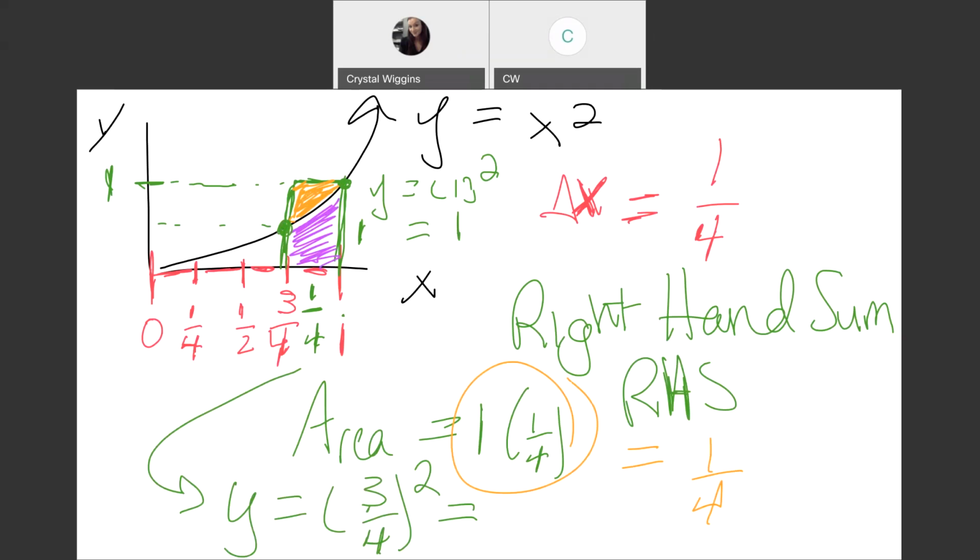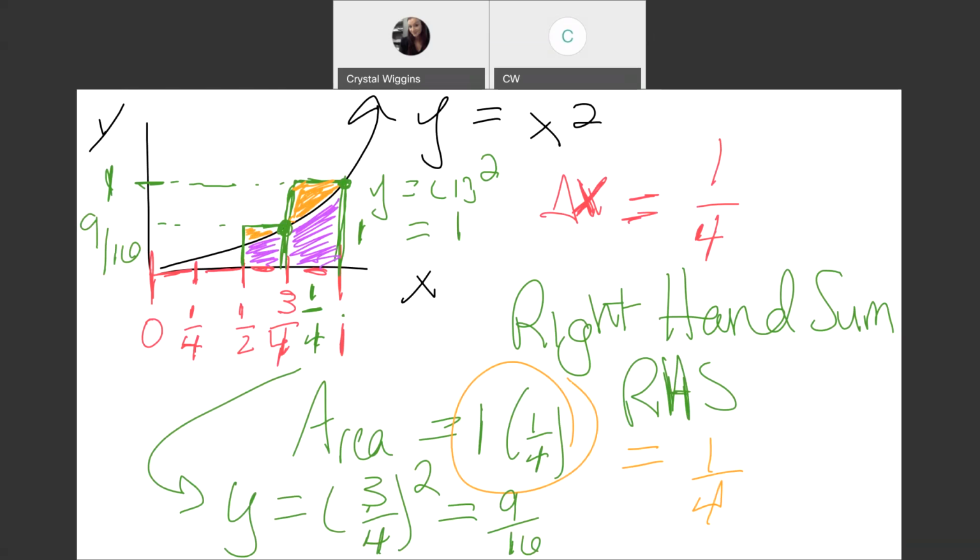We square the top and the bottom and we get 9/16. It's a little over half because 8/16 would be a half. So 9/16 is the height of the next rectangle. And we then draw that rectangle. Again, we have some area that is an overestimate because we really only wanted the pink.